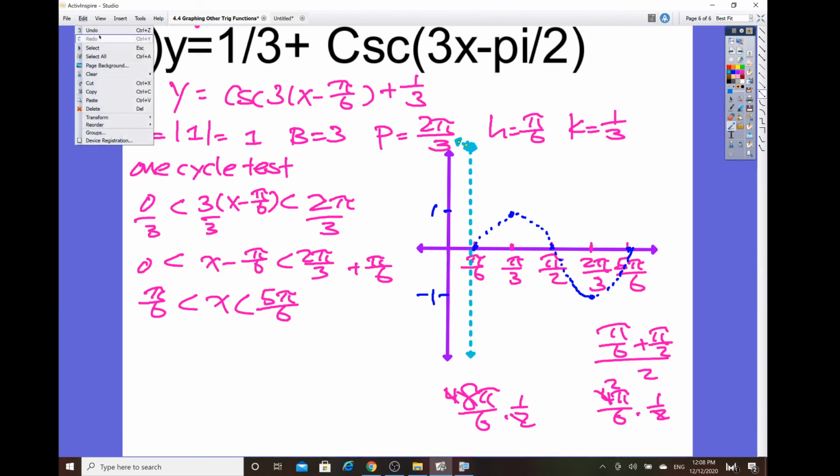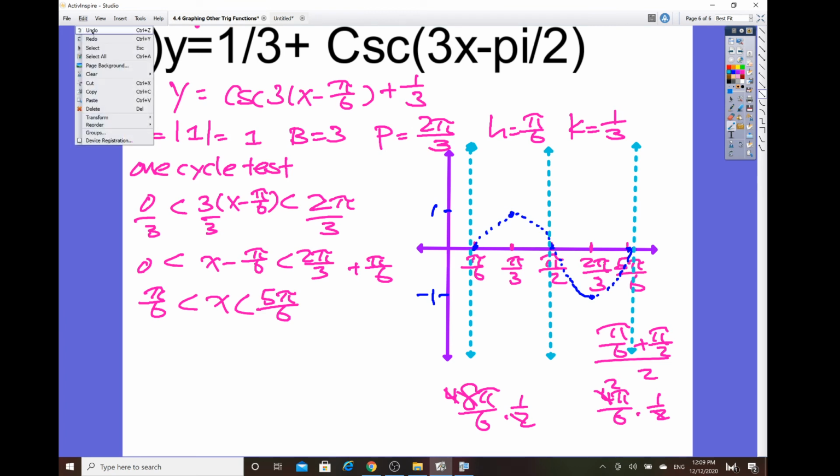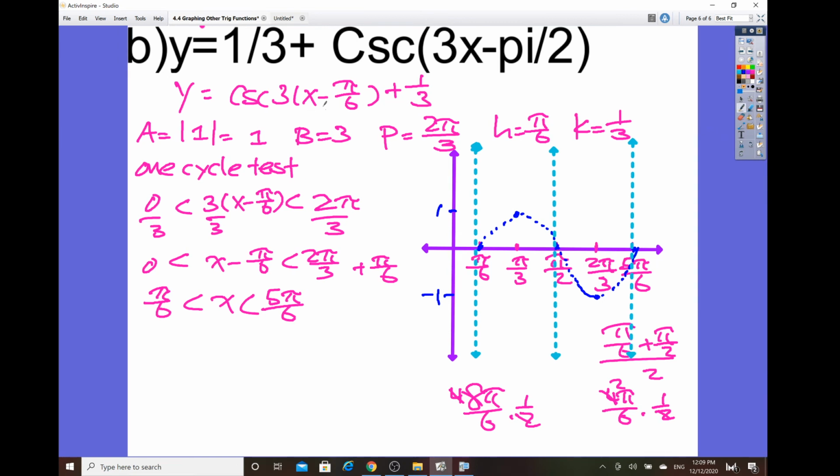Okay, so the first VA, and here's another one, and here's another one. And then with that 1/3, the 1/3 is just the vertical translation.